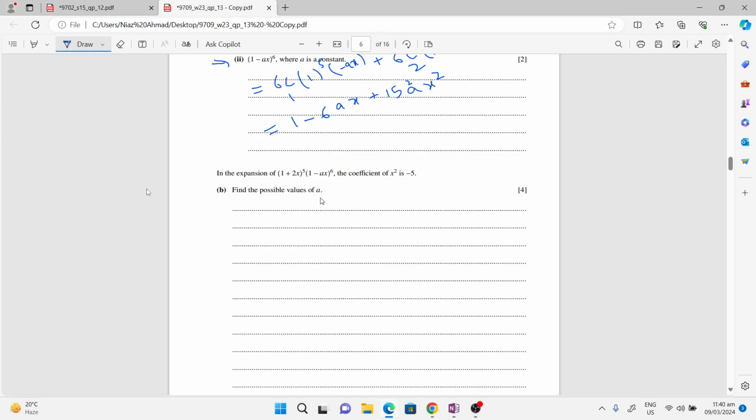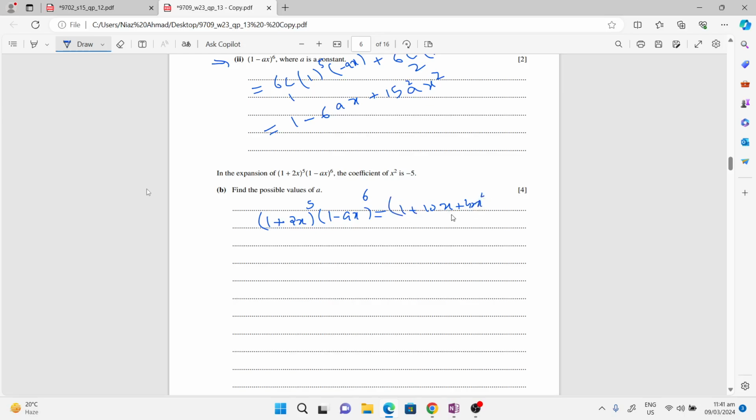So write the two brackets first. We have 1 plus 2x to the power 5, and then 1 minus ax to the power 6. We already expanded this. The first bracket was 1 plus 10x plus 40x square.